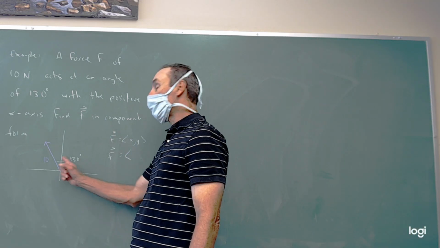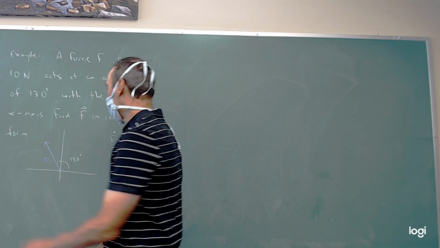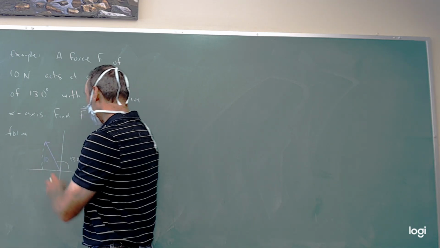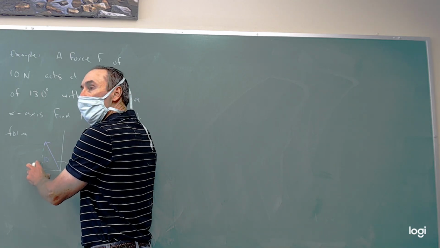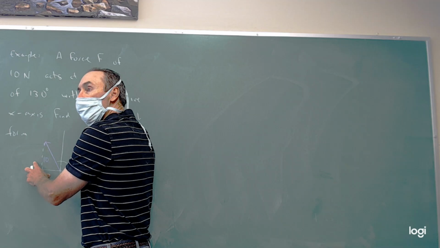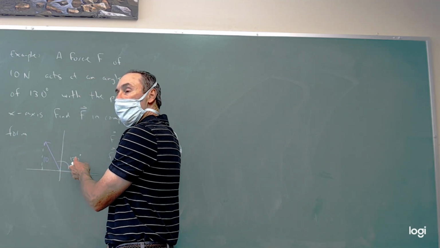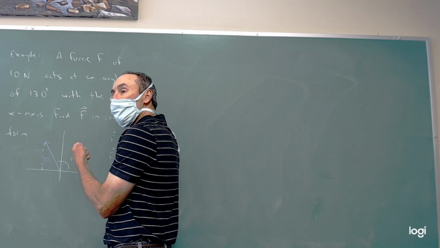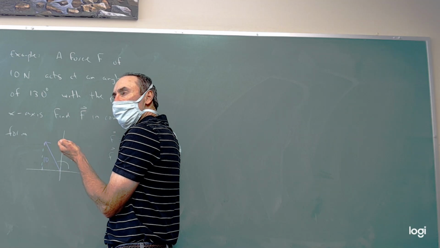Can we just use this 130 degrees? Now, by using a reference angle, we'd have to artificially impose whether these are going to be positive or negative. But with the 130 degrees, taking a sine or cosine is going to put the correct positive or negative sign in there. Does that make sense?